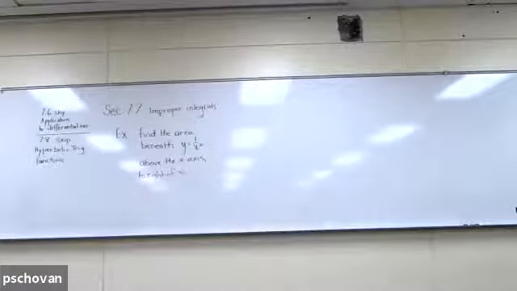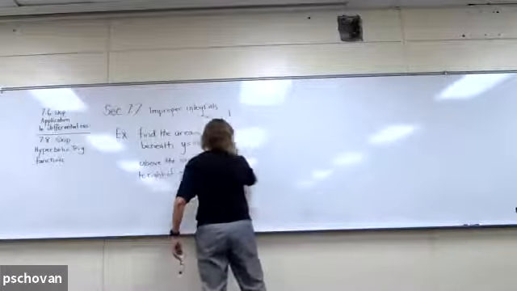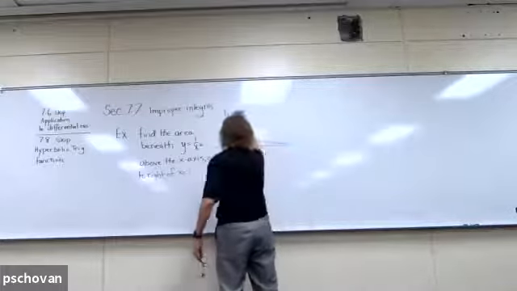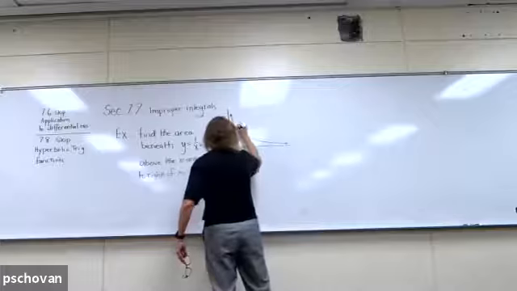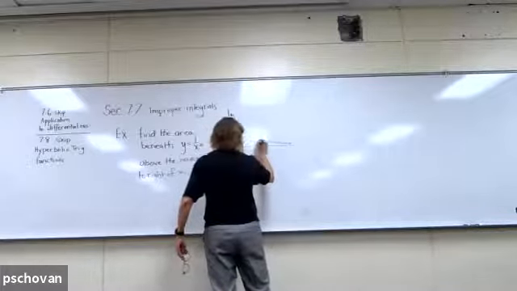So we draw a picture. Y is equal to 1 over x squared is a hyperbola in the first quadrant. x is 1, we'll put here. I'm asking you to find that area right there.